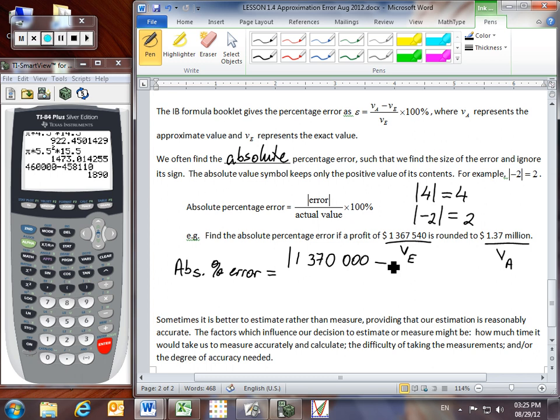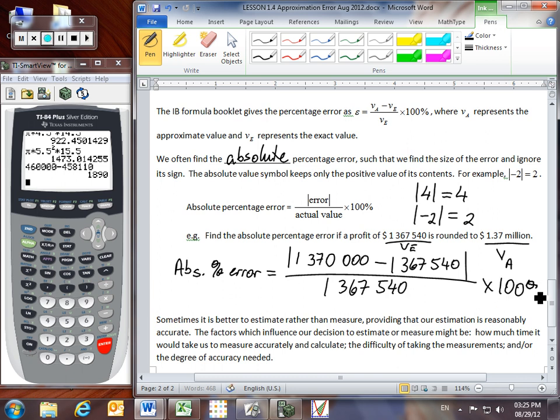And from this I need to subtract my actual value, the exact value, which is 1,367,540, and I'll close my absolute value sign, and this all goes over my actual value. It's the exact that goes on the bottom. Alright, this one here, the exact, goes on the bottom. And so that's going to be 1,367,540. And at the end we'll multiply it by 100% just to make sure it's converted into a percentage.